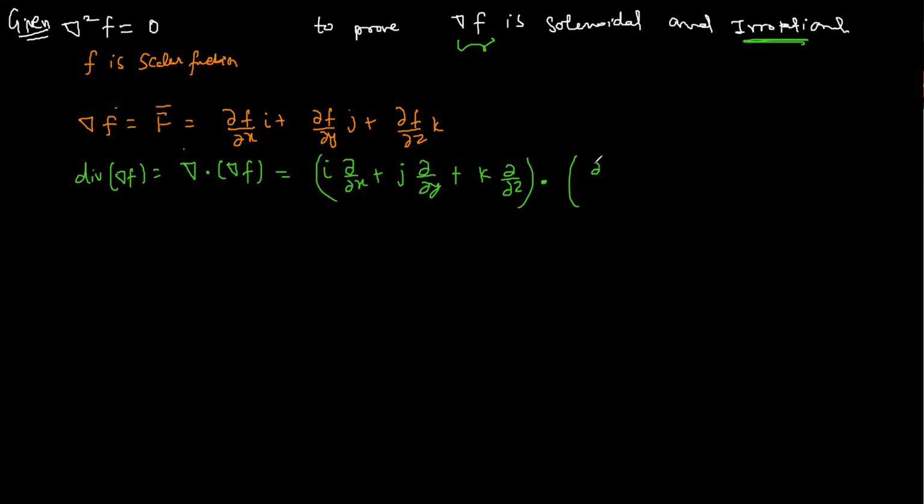And this is what? Del f upon del x i, del f upon del y j, del f upon del z k. Understood? When you do the multiplication, you will get this.